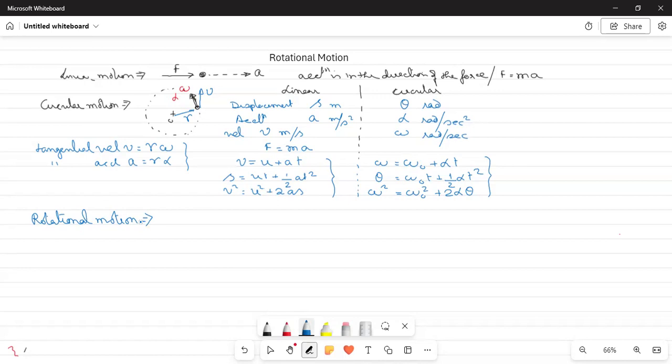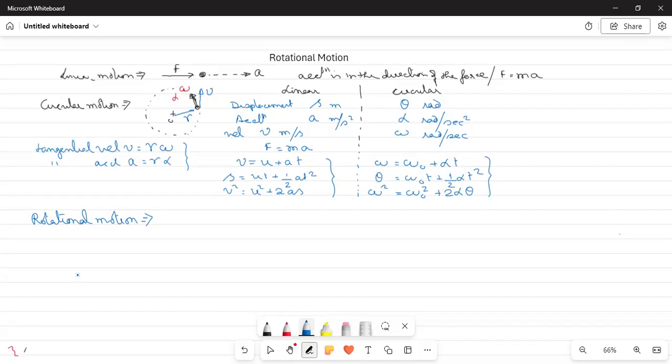Rotational motion is very much like circular motion, but with a very little bit of difference. In circular motion, we have considered a point object which is moving in a circle.